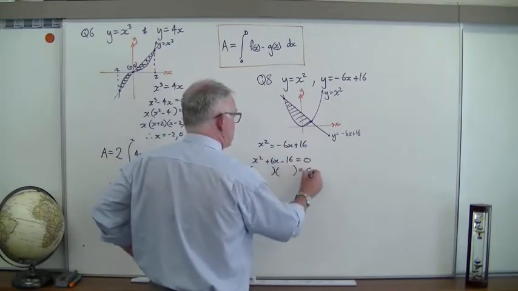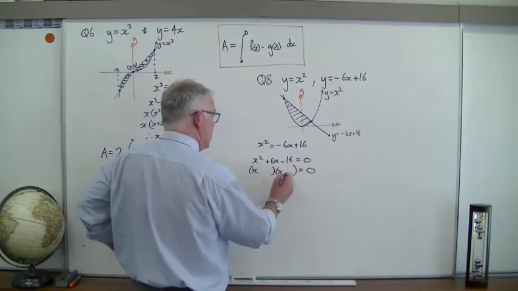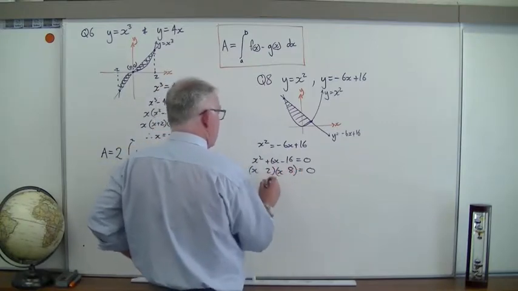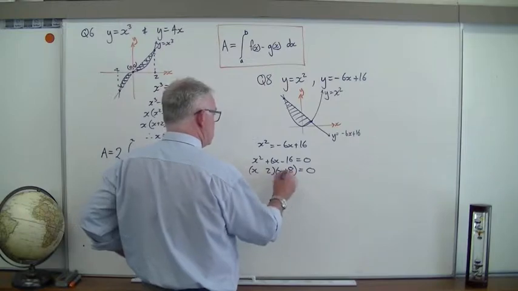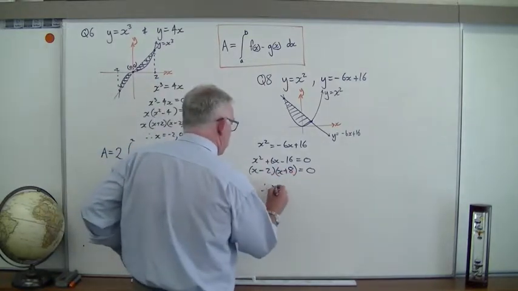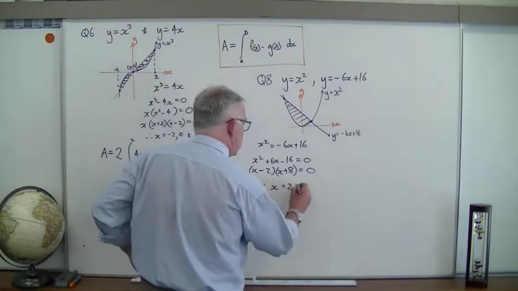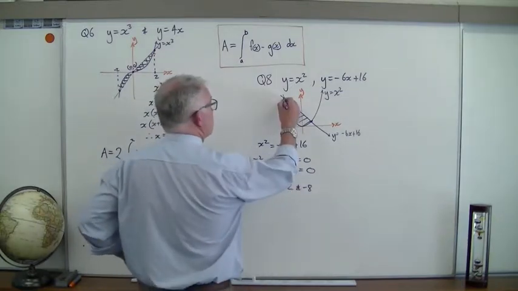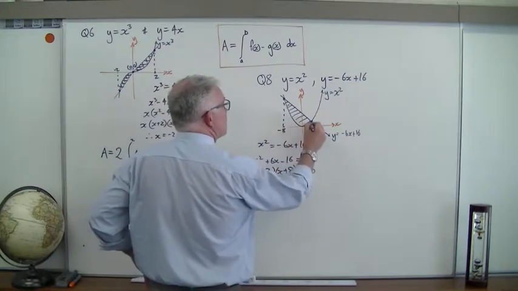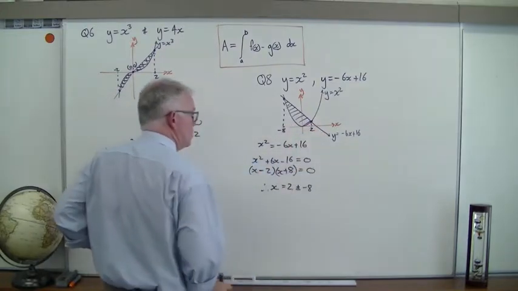And let's factorise that bad boy, x and x. And I'm going 2 and 8. And this will be the plus, and that will be the minus. And therefore x has got to equal 2 and minus 8. So the x value here is minus 8, and the x value there is 2.